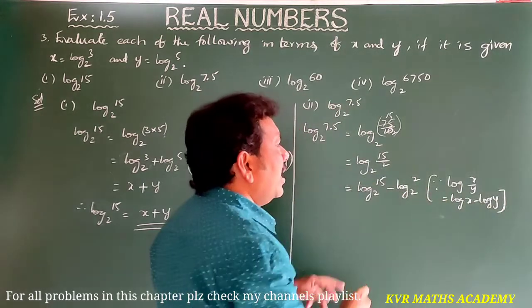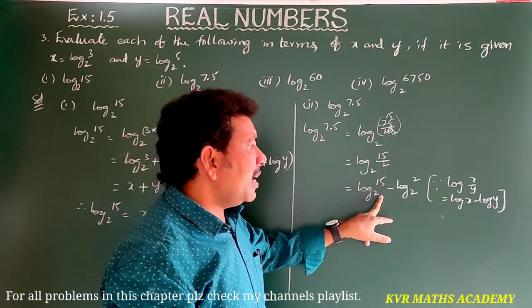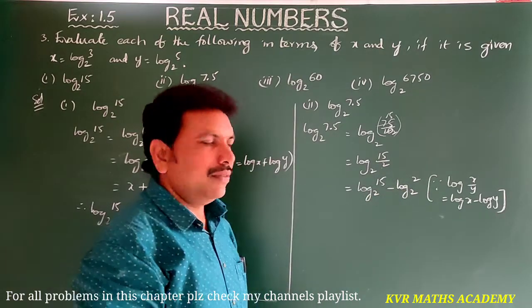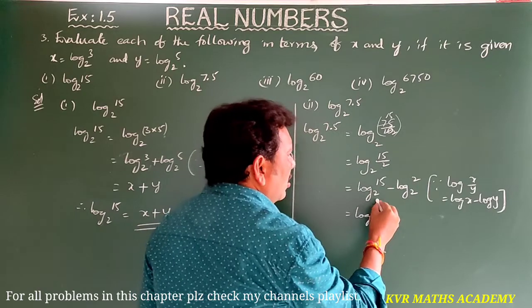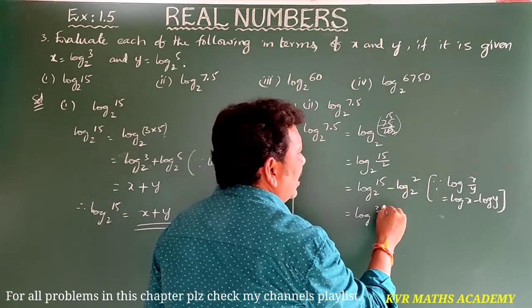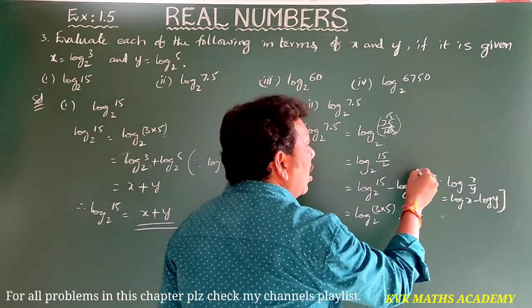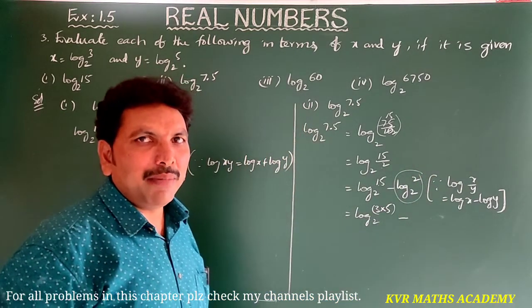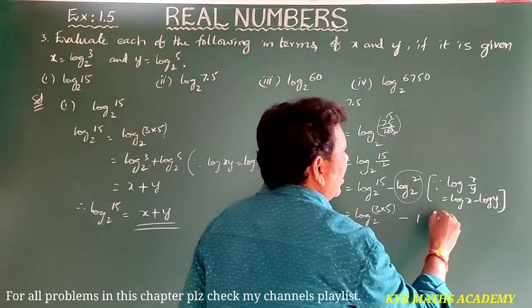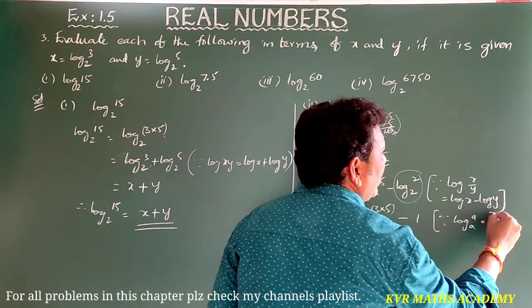Again, 15 can be written as 3 into 5, so log 3 into 5 to the base 2 minus log 2 to the base 2. Log a to the base a is 1, since log a to the base a is equal to 1.